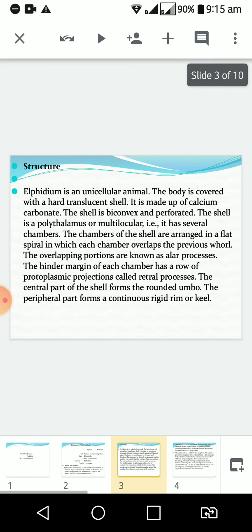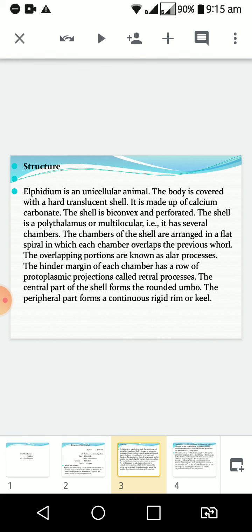So now we will see the structure of Elphidium. Elphidium is a unicellular animal, and the body is covered with a hard translucent shell made up of calcium carbonate.